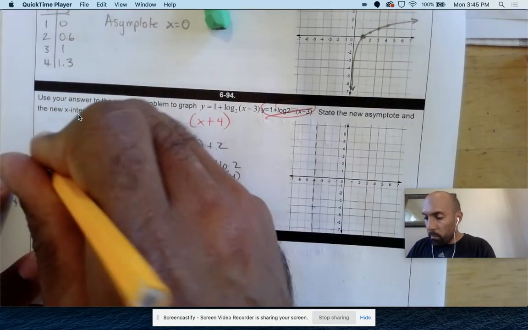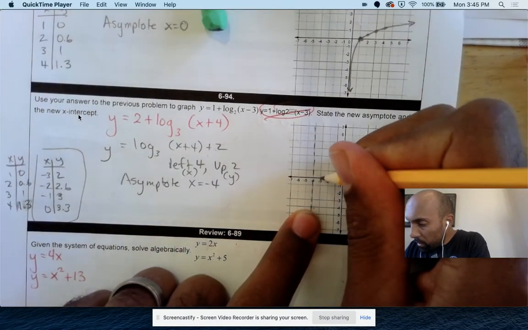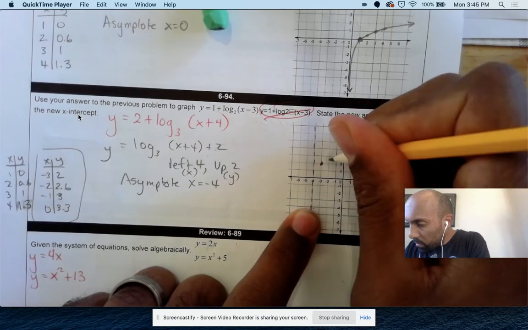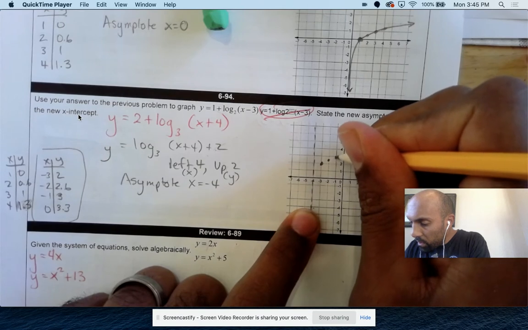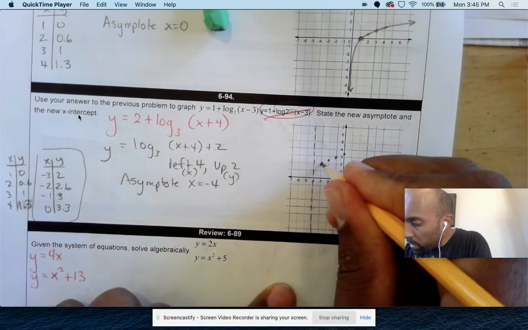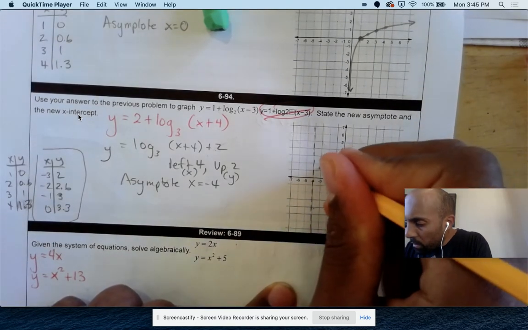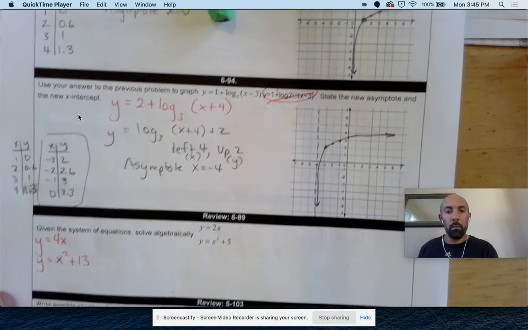So now -3, 2, -2, 2.6, about right there, -1, 3, and then 0, 3.3, so about right there. And remember, it curves in this direction like that, goes off there, and then it comes back down, gets really close to the asymptote there.